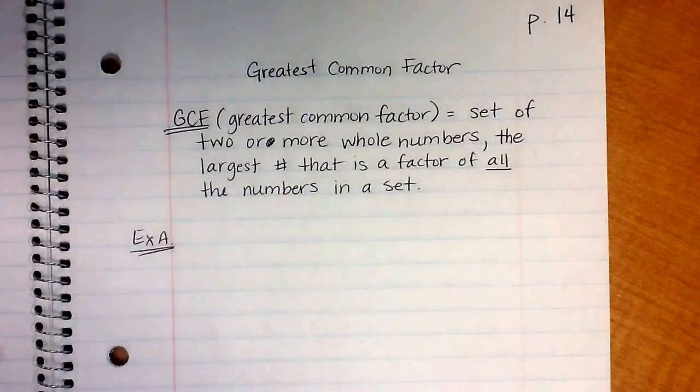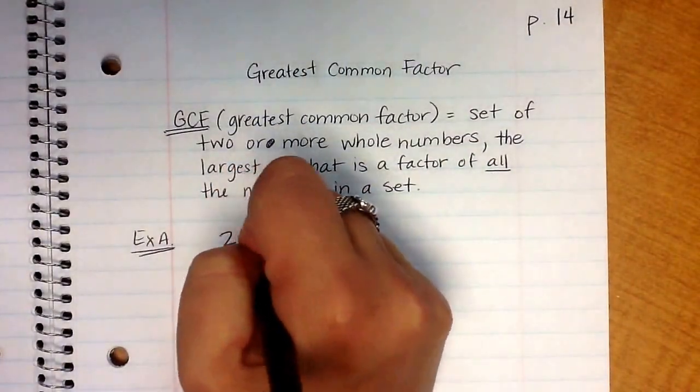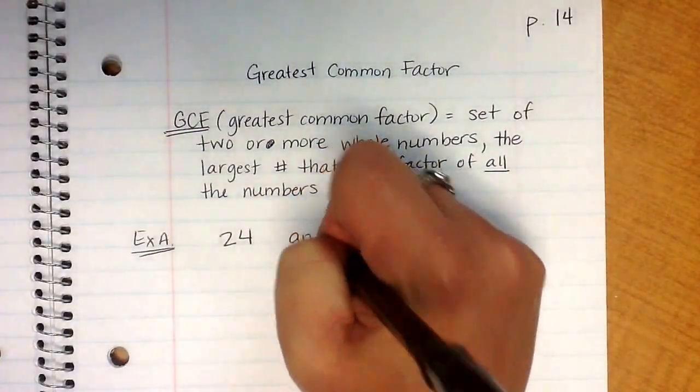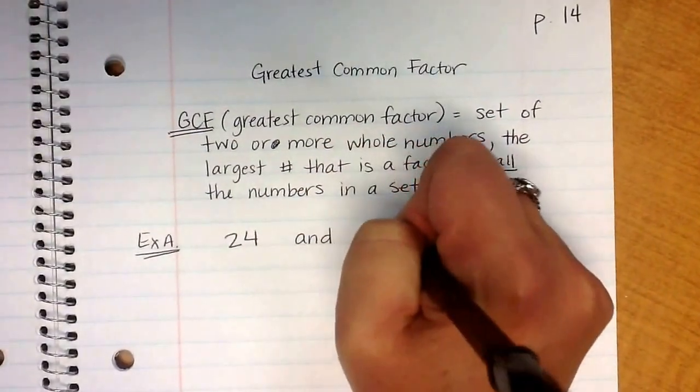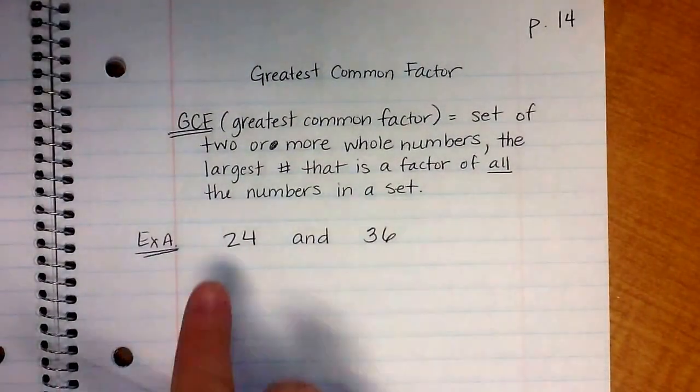One of the ways we can do that is to find the prime factors of the numbers. So let's say we want to find the greatest common factor of 24 and 36.